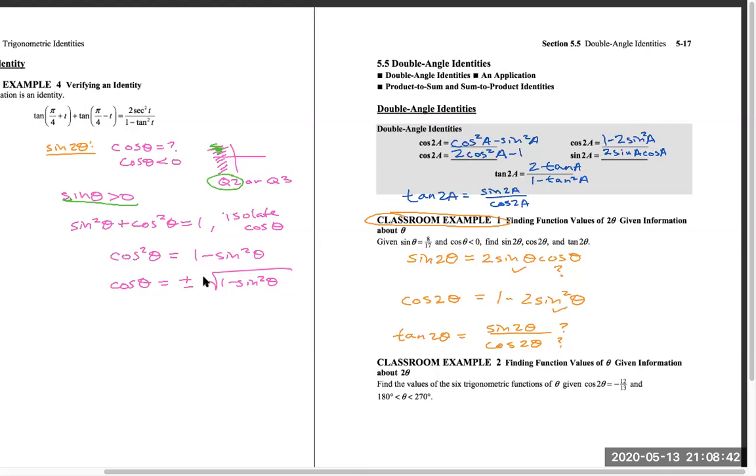And then we're told that it's going to be negative for cosine theta. So cosine theta equals negative square root of 1 minus 8 over 17 squared. So when you plug all that in and simplify down, you get negative 15 over 17.